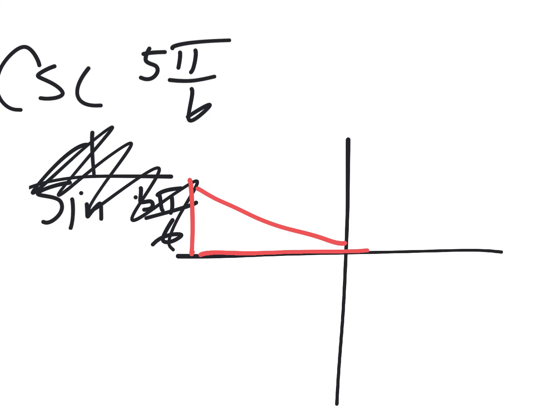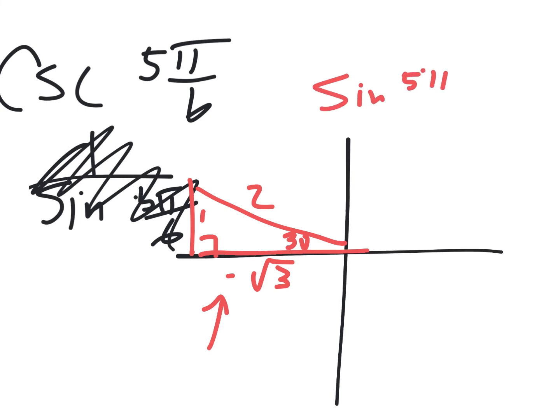So that's got to be a 30, and then this has got to be a 1, 2, square root of 3. Careful of the most common mistake in circle trig, the negative right there. And then I just do sine of 5 pi over 6, but I would always, if I were you, put 1 over it to remind yourself you haven't done it really until you flipped it.